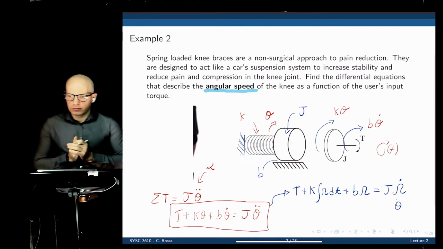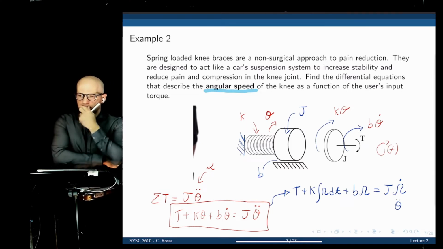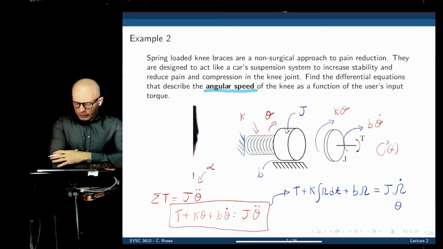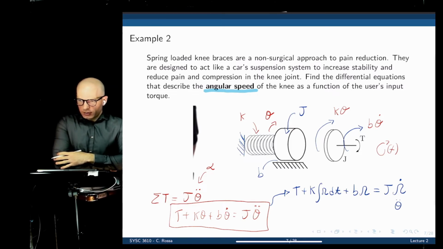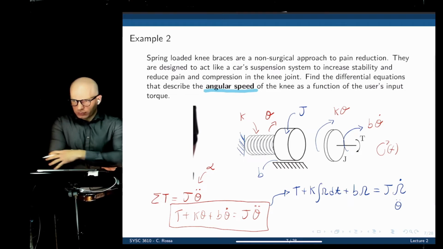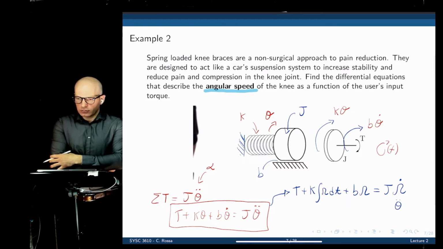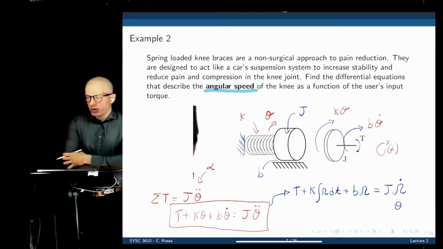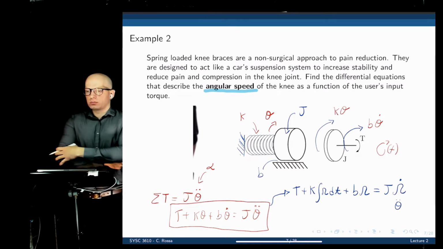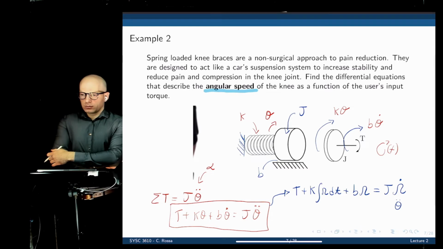Sorry, Professor, is that T plus K times the angle plus B times angle dot? Is that T or J? The very first one is T and it is equal to J theta double dot. T is the input torque that we apply to the brace. And how come that's in the same direction as K and B?